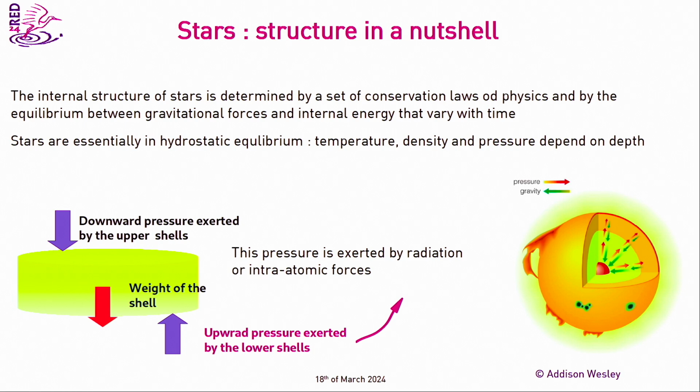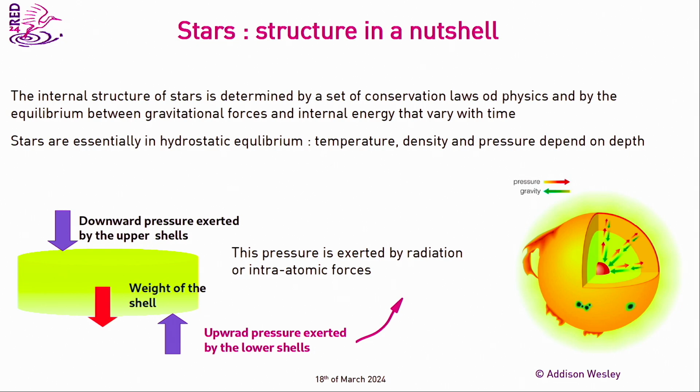And the laws are conservation of momentum, conservation of energy, and several other ones, conservation of matter, and the equation of continuity. And when you solve these several equations, it gives you the structure of a star. The fact that we observe stars means that they are in equilibrium, they are not collapsing every second.